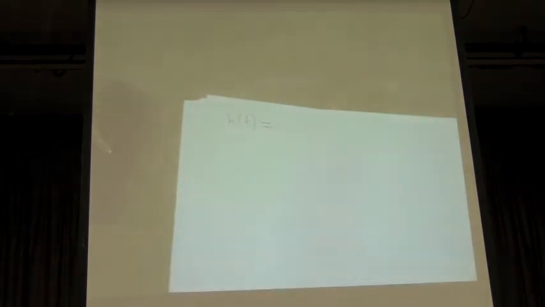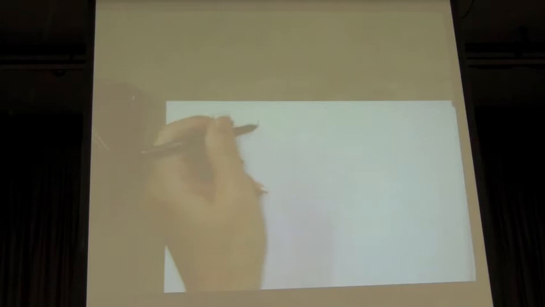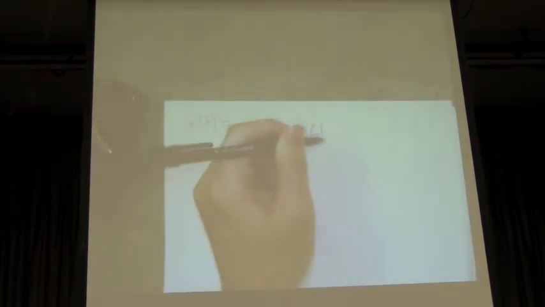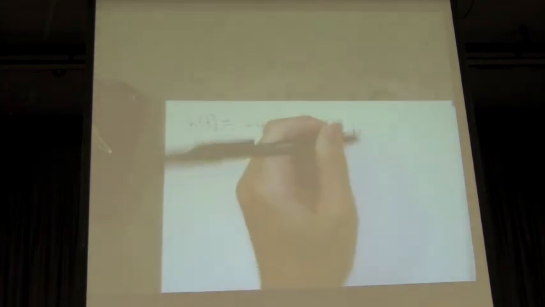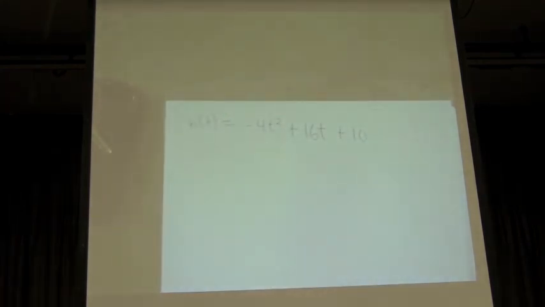Now, let's apply this to a real problem. Let's say that someone tells you that we're shooting off a rocket and the path of the rocket follows the equation h of t equals negative 4t squared plus 16t plus 10, where t is time in seconds and h is height in feet.